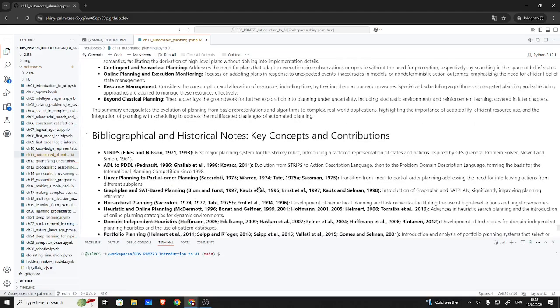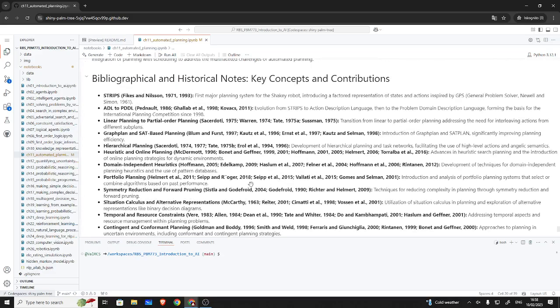All right, there are some notes about this. If you're interested in planning, the feeling I get, the book doesn't say this, is that it's not the hotness right now. It's not currently in vogue, not popular, meaning it's not in the news.